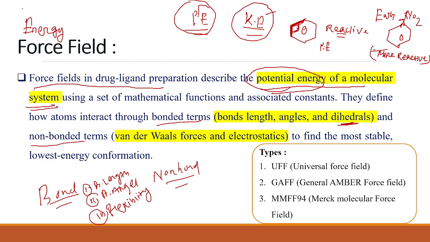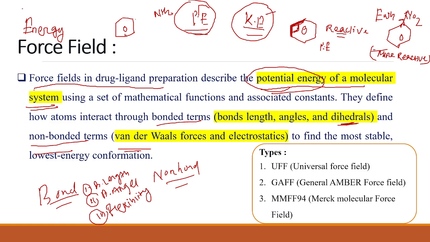Now talking about non-bonded terms, non-bonded terms are nothing but the interaction of the receptor with the drug molecule. Take an example of this benzene, and here is the NH2 group of the amino acid. Amino acids generally contain one amino group and one carboxylic acid group.